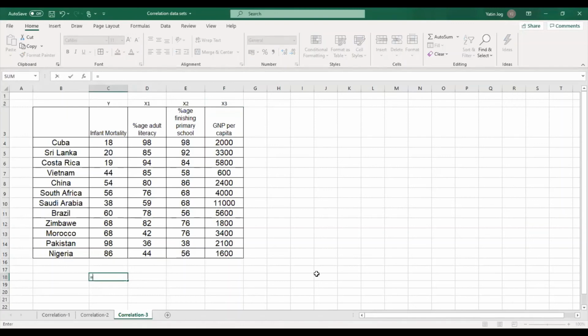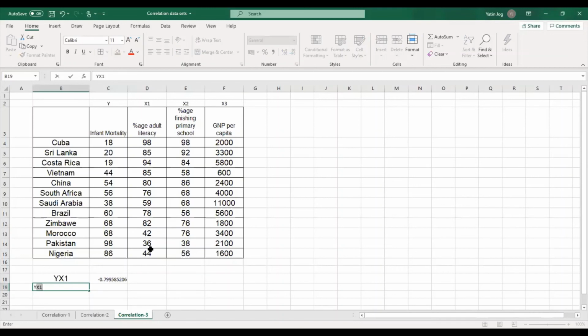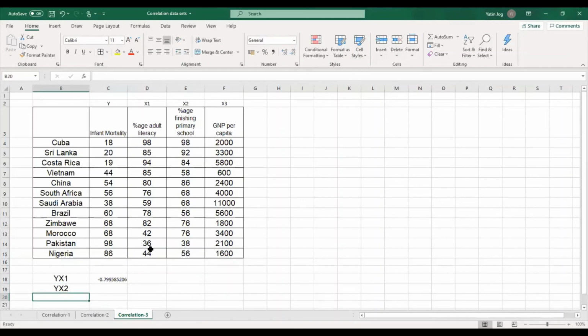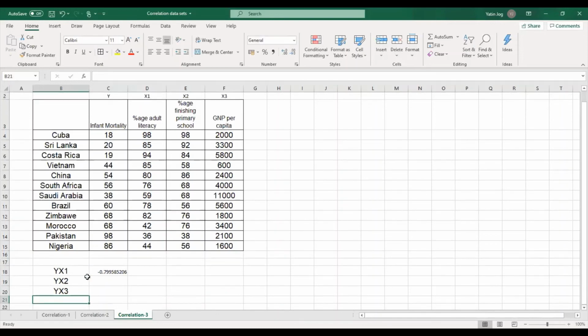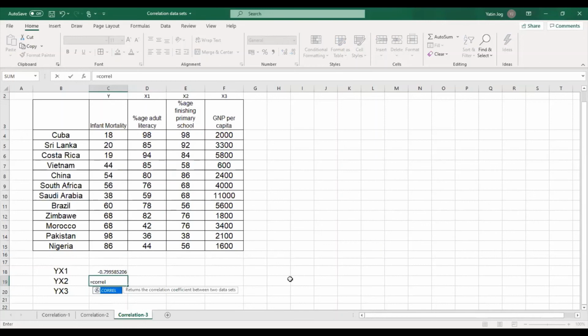I'll go for correlation between Y and X1, then Y and X2, then Y and X3. Only three relationships I want to find, and that's why I'm going for the individual method, not the data analysis method.